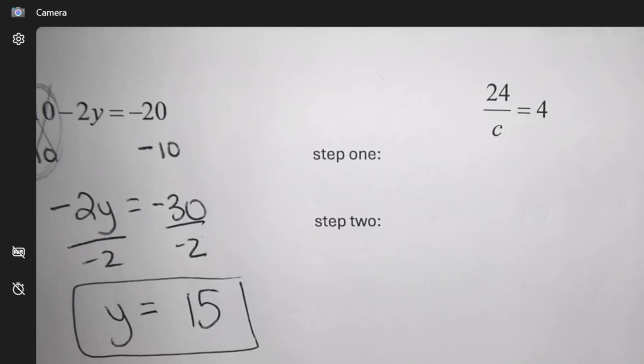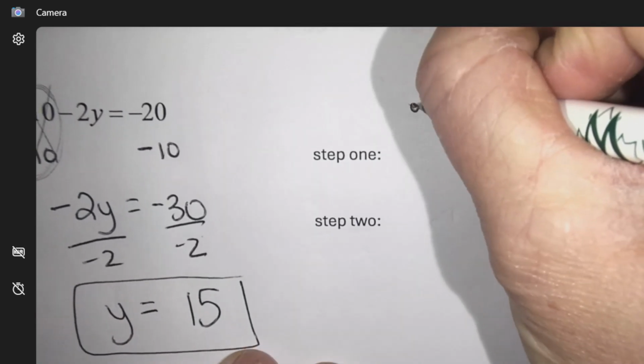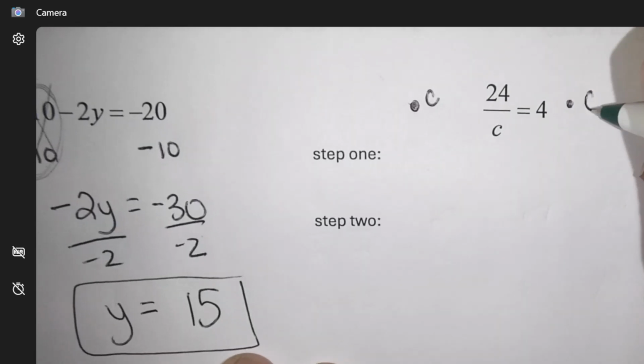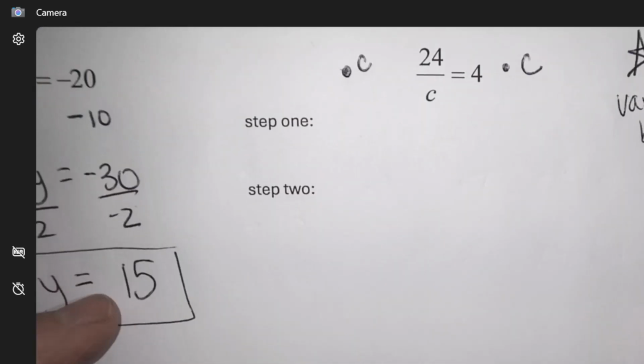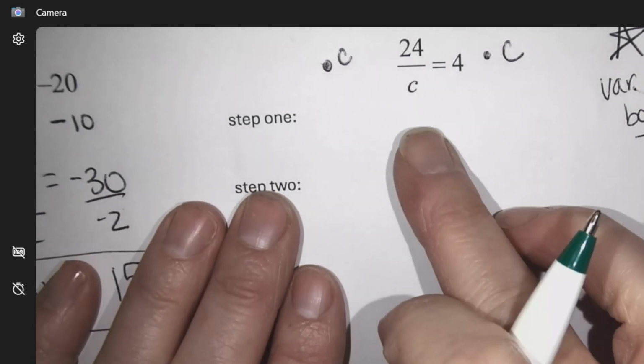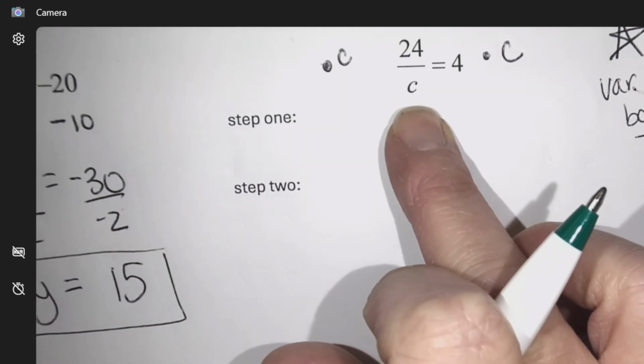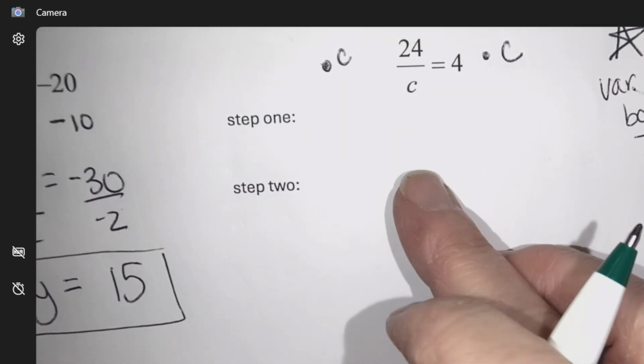Annika, were you going to answer something? Because I think it was right. Times by C. How do you get rid of a divide by C? Times by C. So you cannot do a variable on the bottom. So if I get rid of the divide by C, that's going to be a times by C.